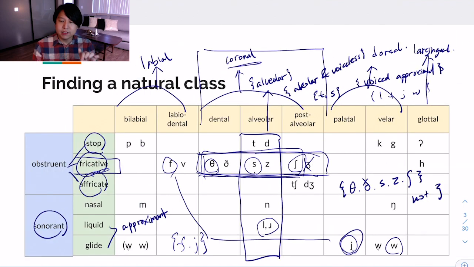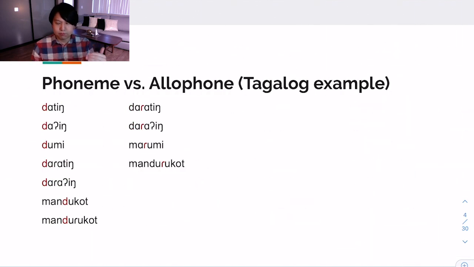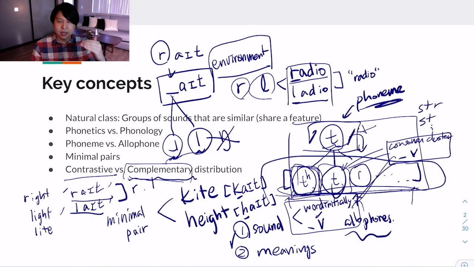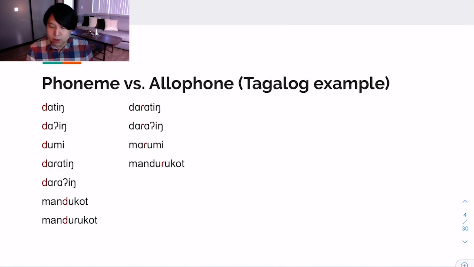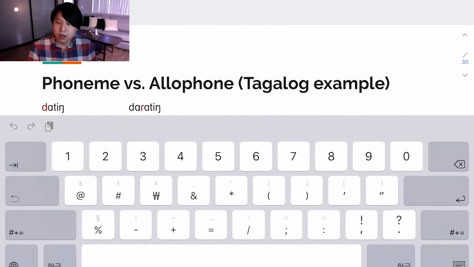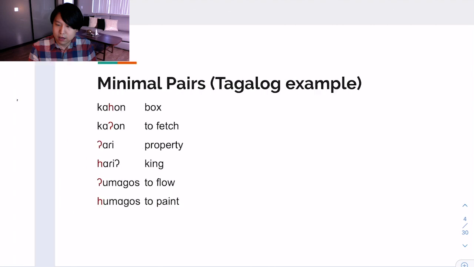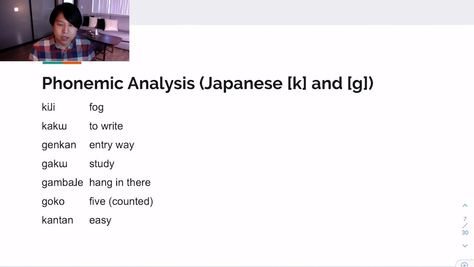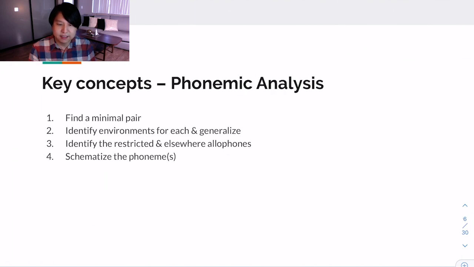So all the processes that I used to analyze this phoneme, to analyze if there is a single phoneme or multiple phonemes, can be summarized into a process called phonemic analysis.